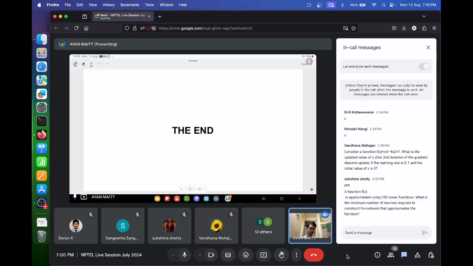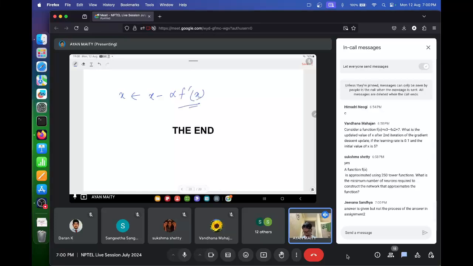Now the initial value is 5, so x is updated as x equals x minus, so it has to be minimized, right? Was it mentioned in the question? I think it is to be minimized. If it is minimized, then x equals x minus alpha, which is the learning rate, times f dash x.